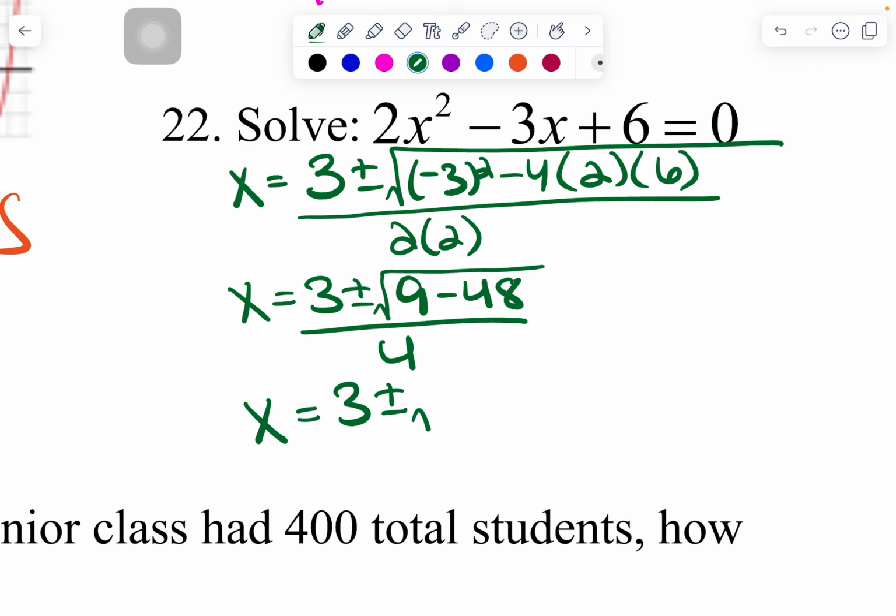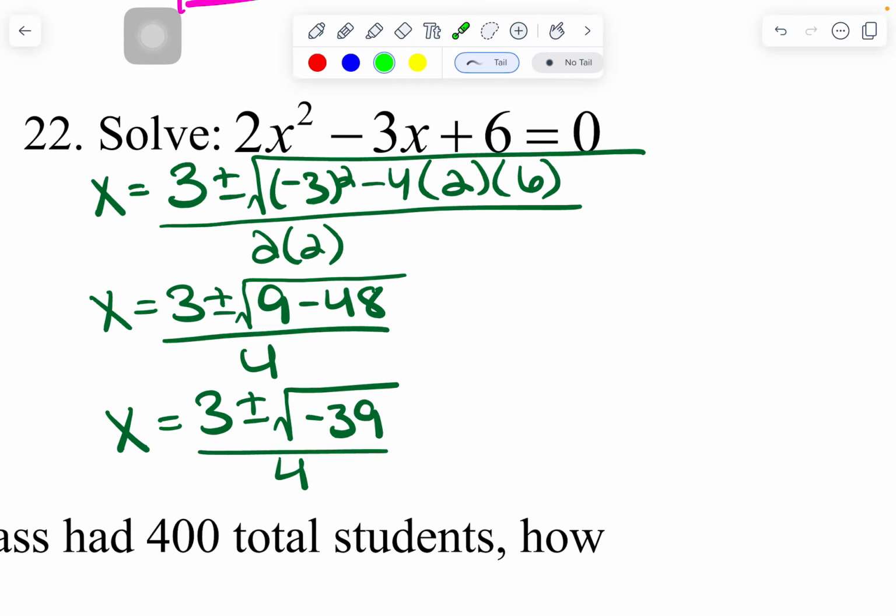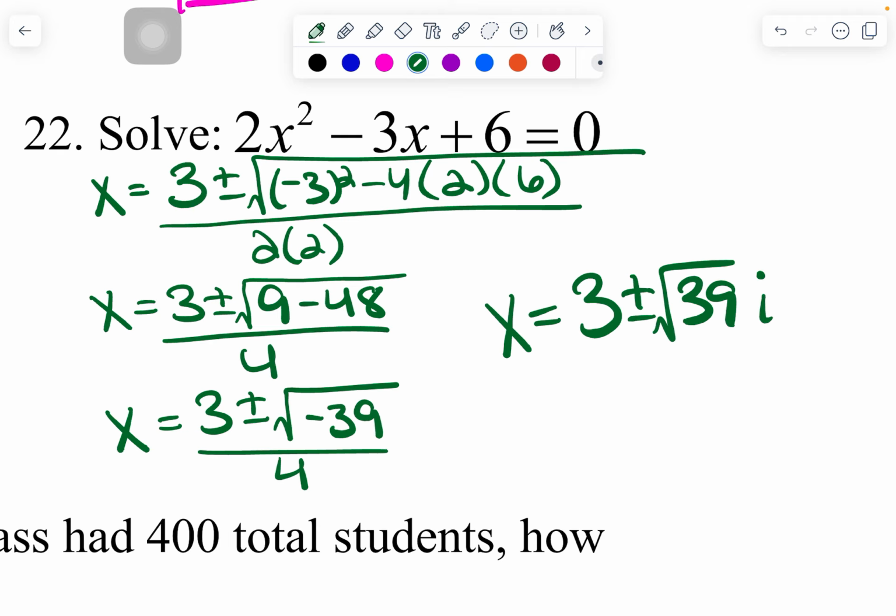So 3 plus or minus the square root of 9 minus 48, which is -39, all over 4. And the only thing to simplify out of this is having a square root that's negative. That's an imaginary. So x is equal to 3 plus or minus the square root of 39 i. Make sure that i is not underneath the root, all over 4.